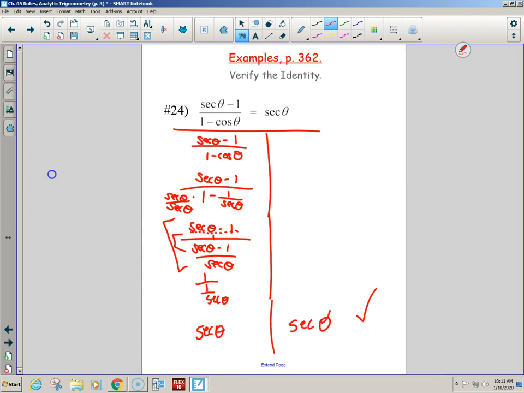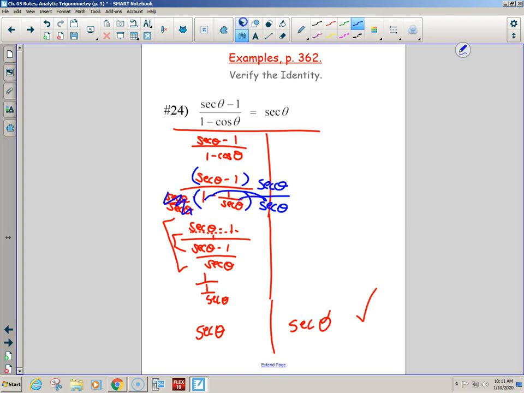And if you used my trick, then you would have come up here. To be honest, my trick, I'm in blue now, I think. I wouldn't have done that little baby secant over secant in the midst of the denominator. I would have done the secant over secant outside, and I would have distributed in.